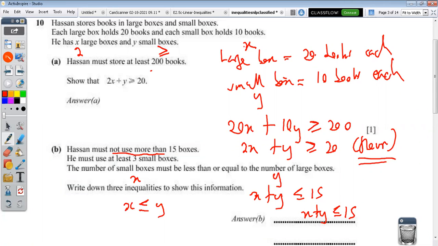Do we agree? So x is less than or equal to y. Or, in the other way, y is greater than or equal to x. Same answer. When I move it, it is a negative, I divide, and the inequality changes. The number of large boxes y is greater than or equal to the small boxes. It's just the same as what they've said.